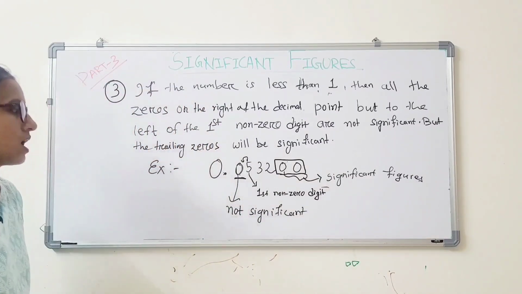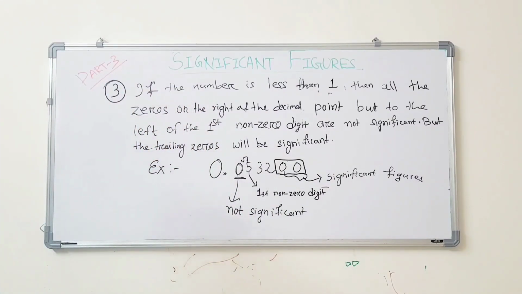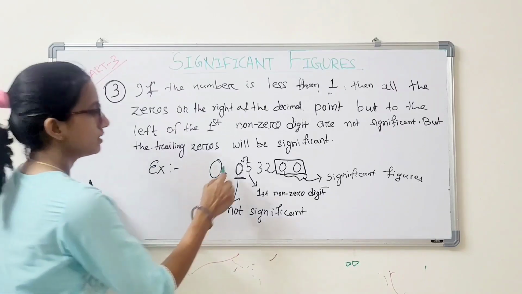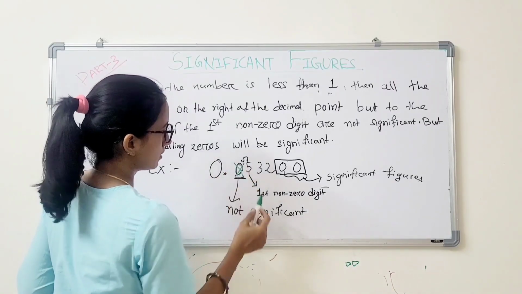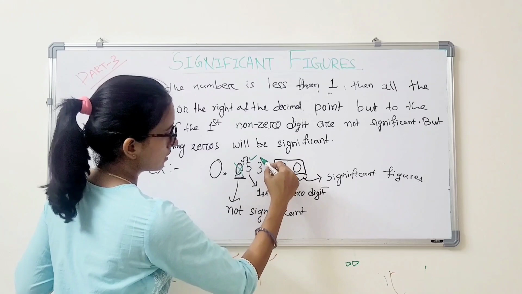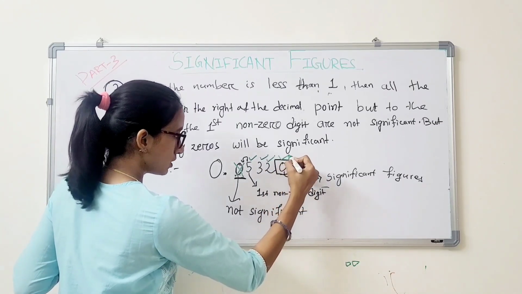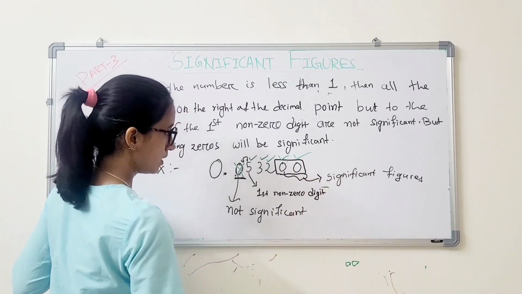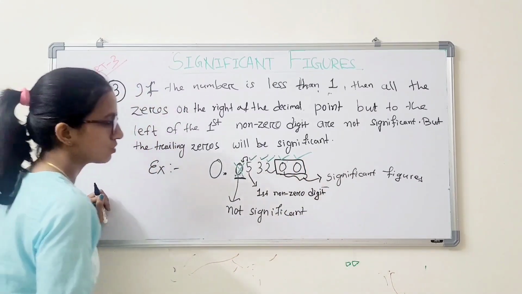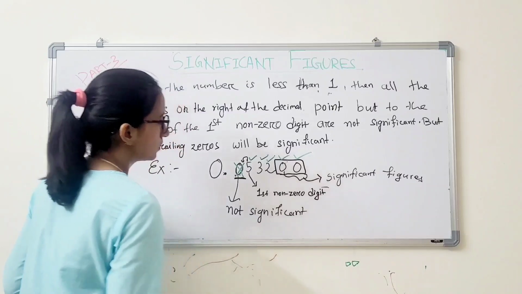So in this case, how many significant digits will you get? Tell me. This is non-significant. This is significant. This is significant. This is significant. And also these two trailing zeros. Trailing means at the end of the number.